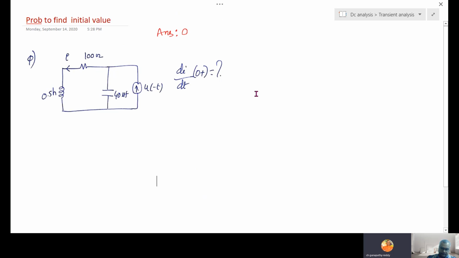Now at 0 minus, first draw as usual. Draw the equivalent at t equal to 0 minus. 0 minus is always steady state. So in steady state, capacitor is open. In steady state, inductor is short.